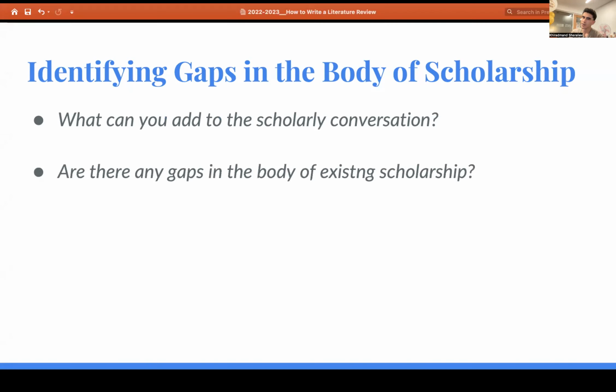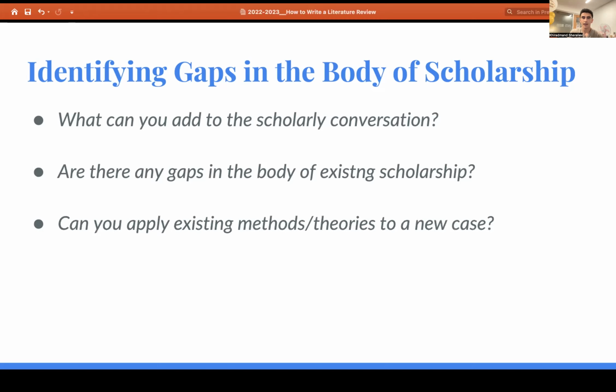Are there any gaps in the body of existing scholarship, right? And can you apply existing methods and theories to a new case, which will be your case, right? You select a certain phenomenon or case, and then you will see if you can apply the existing methods and theories to a new case.